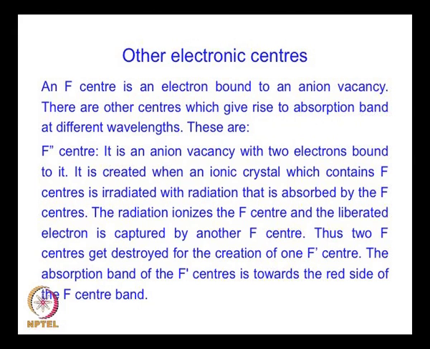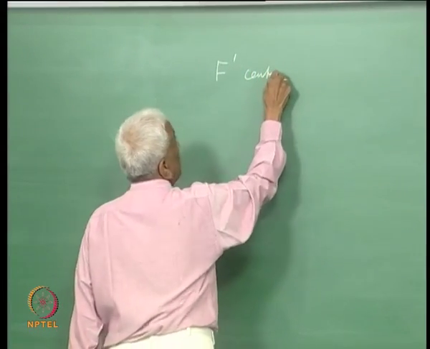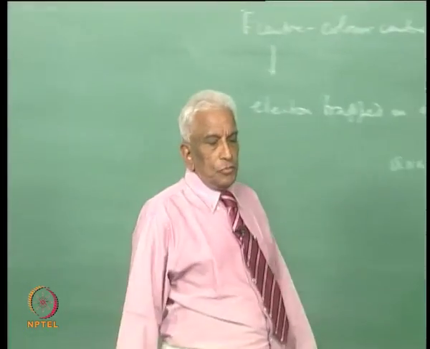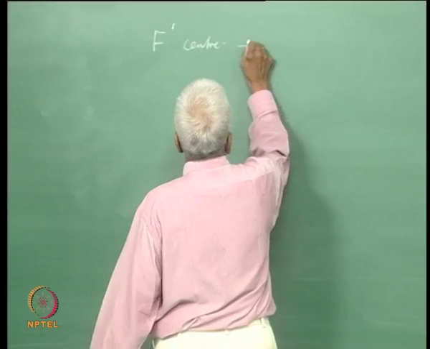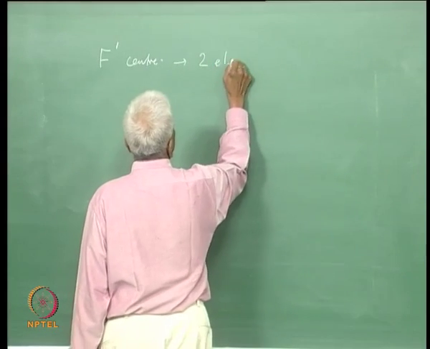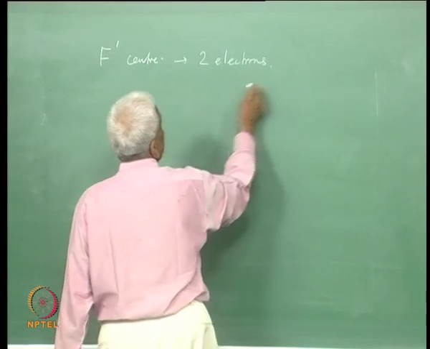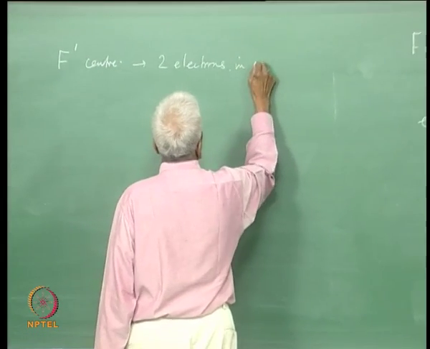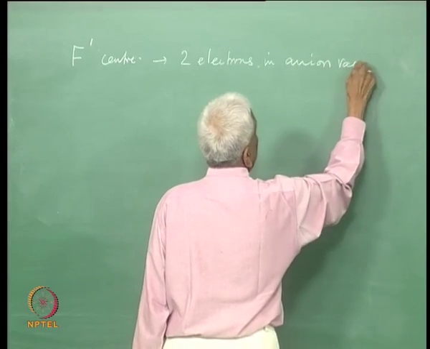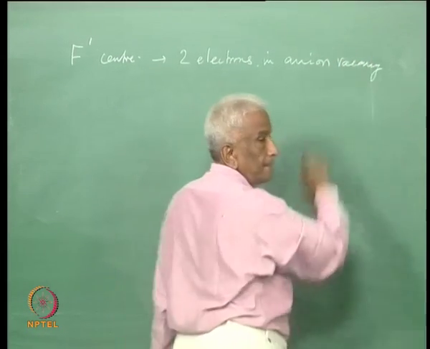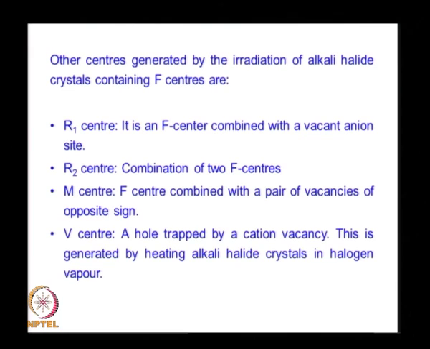F prime center. So, this is an anion vacancy with 2 electrons. So, the F dash center is one possibility.